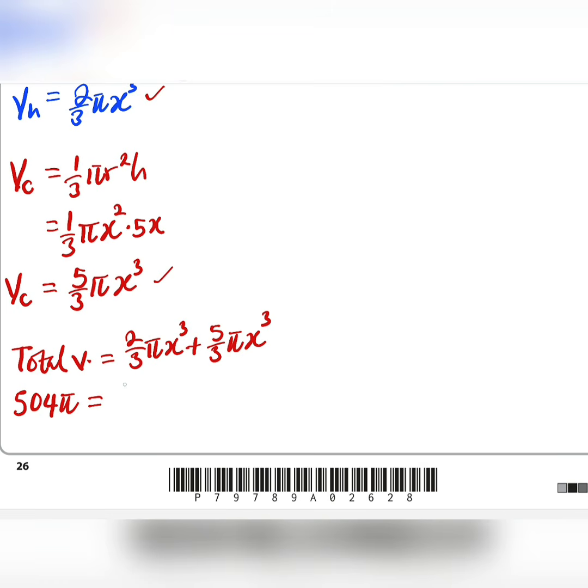This is going to give us 2 plus 5 is 7. So this is 7 over 3 pi x cubed. The pi's will cancel definitely. And in order to get x by itself, we can multiply both sides by the reciprocal of 7 over 3. So x cubed itself is equal to 504 multiplied by 3 over 7. Let me use my calculator here. 504 multiplied by 3 divided by 7 is 216.